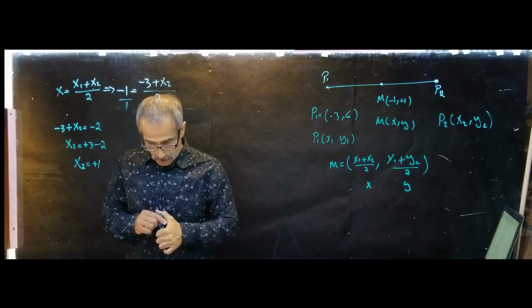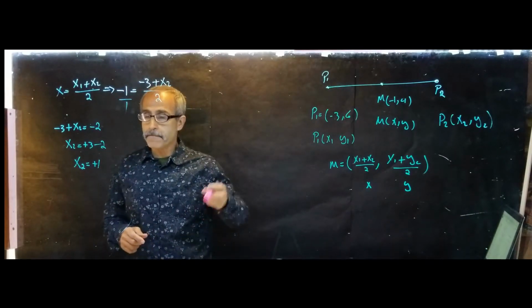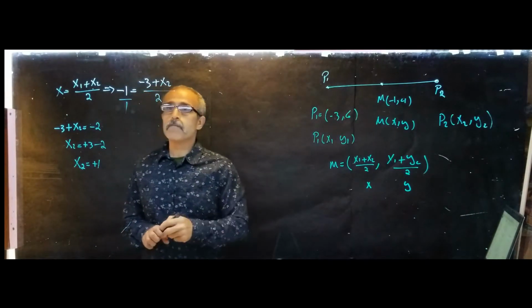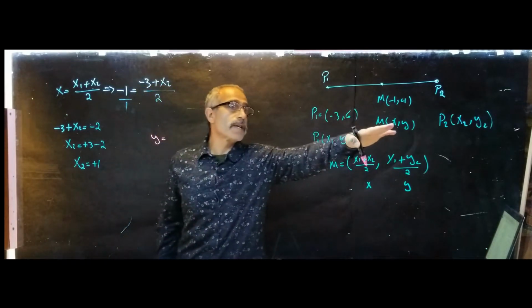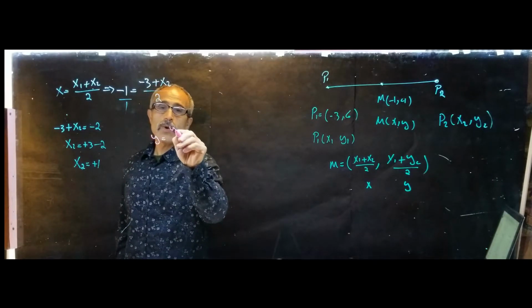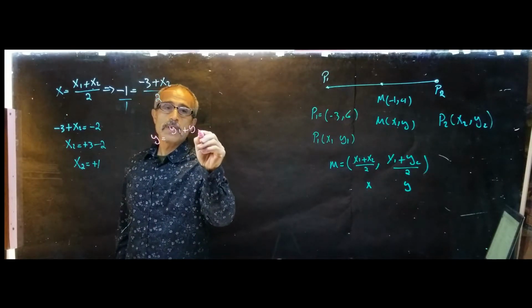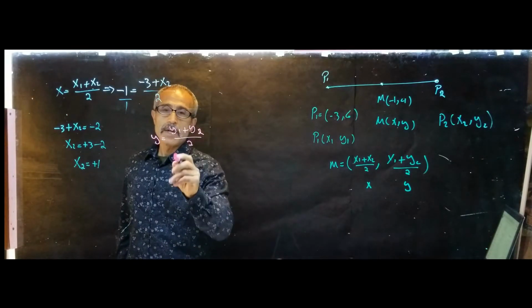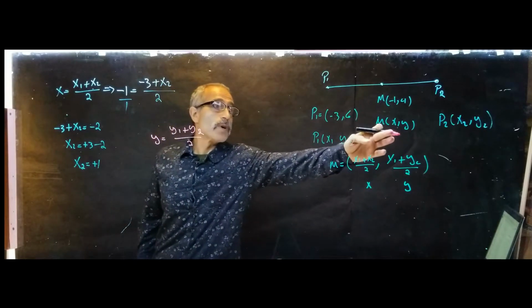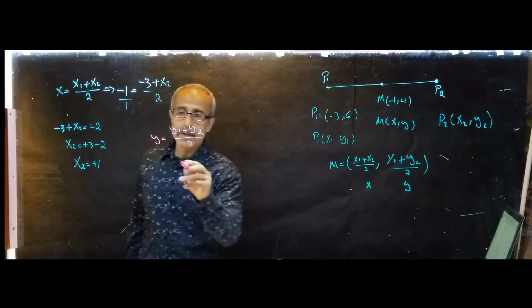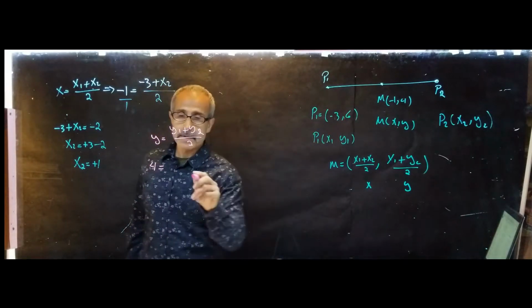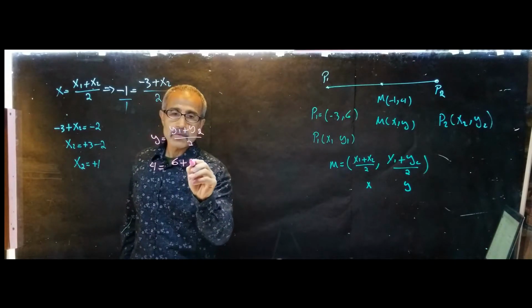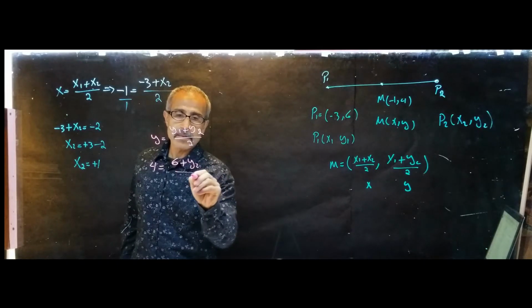To find the y, we do the same thing. We say y for the midpoint is equal to y1 plus y2 divided by 2. And y turned out to be 4. So 4 is equal to (y1, which turned out to be 6, plus y2, which we don't know) divided by 2.